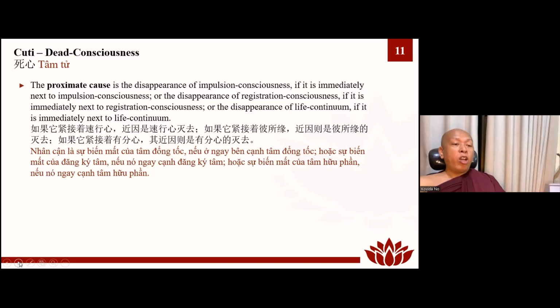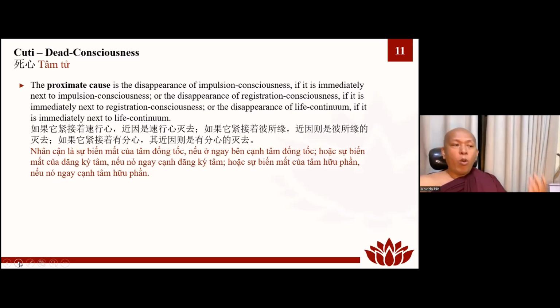Or the disappearance of life continuum if it is immediately next to life continuum, which means death consciousness will arise after life continuum. So here we can understand three different things: death consciousness can arise after embodiment, after registration consciousness, or after life continuum. That's what is called the proximate cause. All these are functions of residing consciousness.